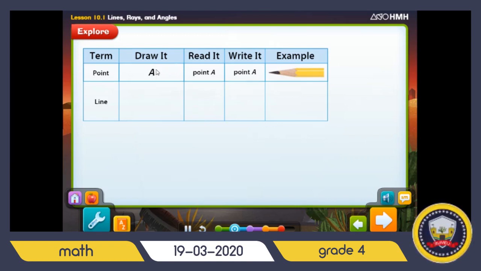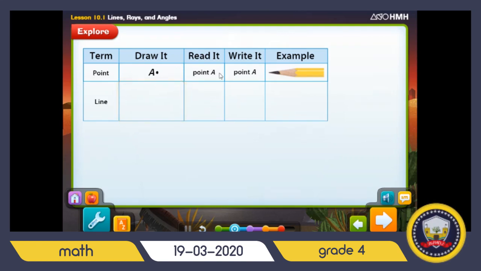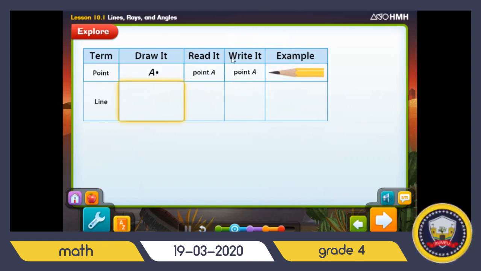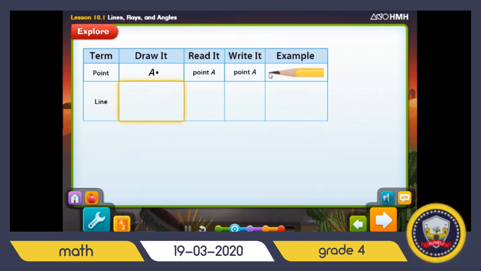For example, point A. While you're reading, we will read point A, and while you're writing, we will also write point A, because each point has a name. Like we always said, you can use the pencil to construct a point on your notebook.